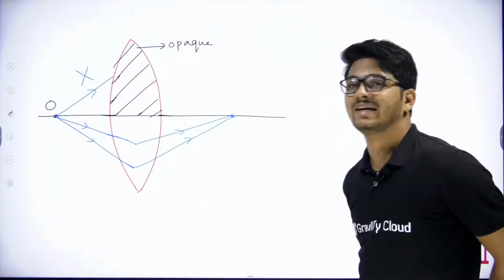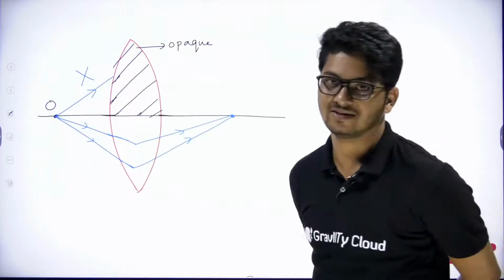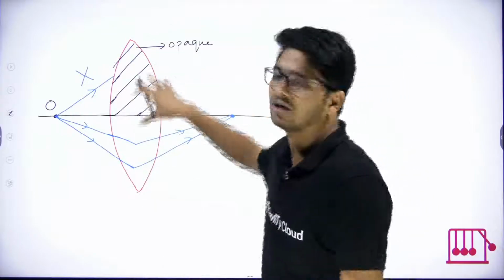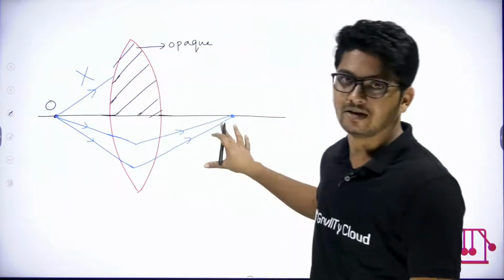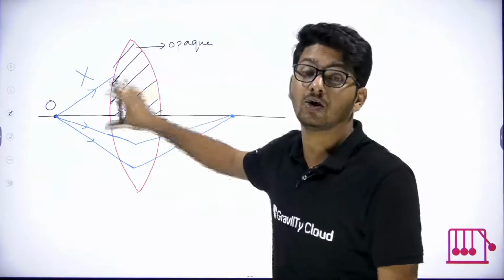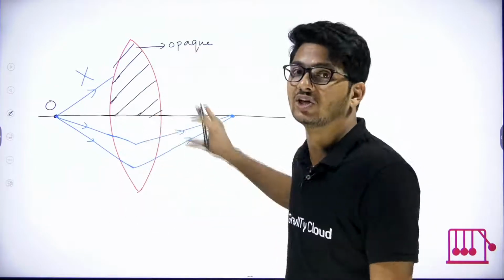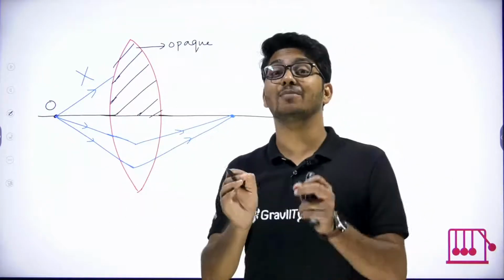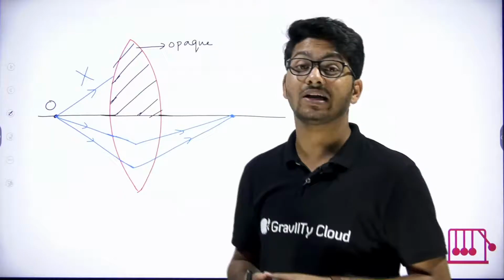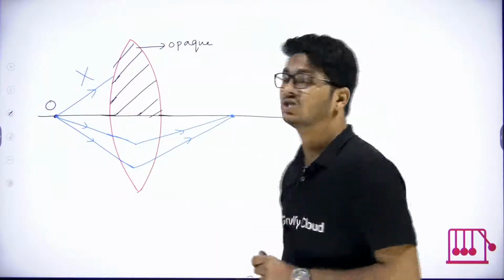The only thing is the brightness decreases. Because if this was not covered, more light would come here. But now it is covered, only half of the light reaches the image. That means the brightness of the image decreases.